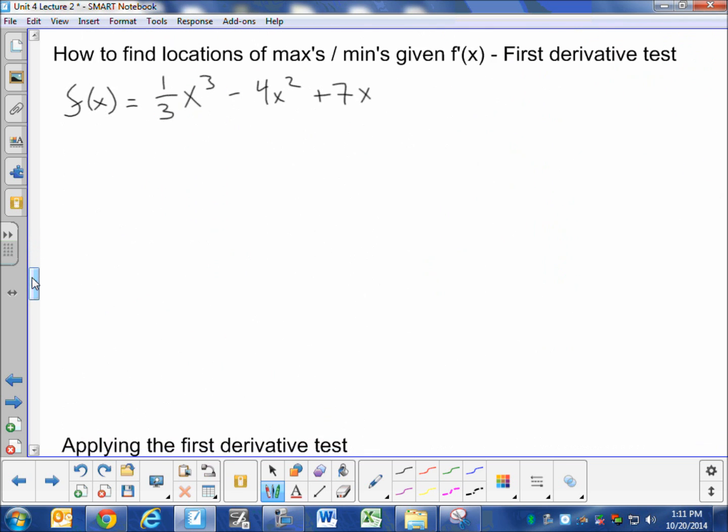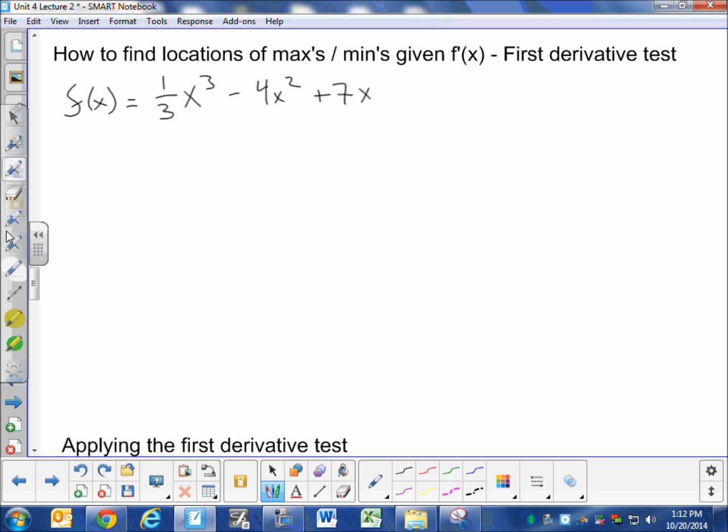Now I'll give you the function. I'm not giving you the derivative. I want you to find the locations of relative maxes and mins. We now have just an extra little step in a process that we started last class. Last class, we started the first step.